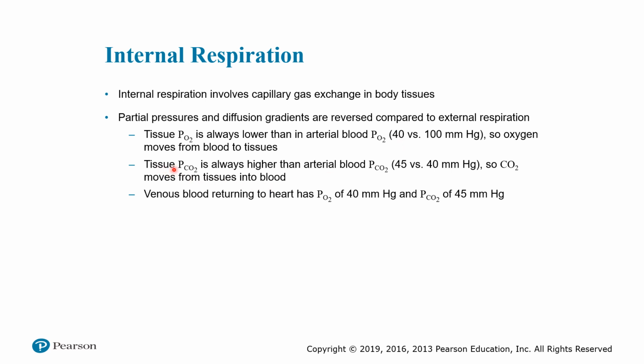And the carbon dioxide in the tissues is 45, whereas in the arterial blood it is 40. So now the oxygen is going to exchange from this 100 towards this 40. It is going to go into the tissue, and the carbon dioxide is going to come from this 45 in the tissue to this 40 in the blood. And now the venous blood, which is returning to the heart, contains 40 millimeters of partial pressure of oxygen and 45 millimeters partial pressure of carbon dioxide.